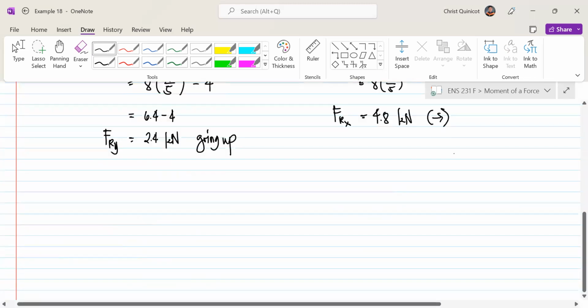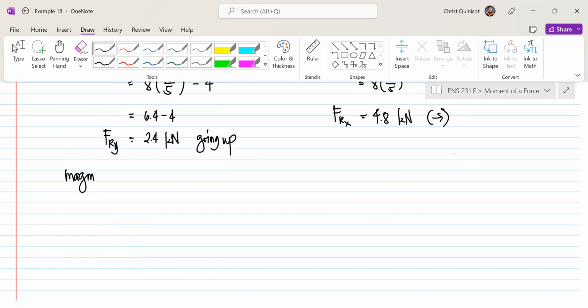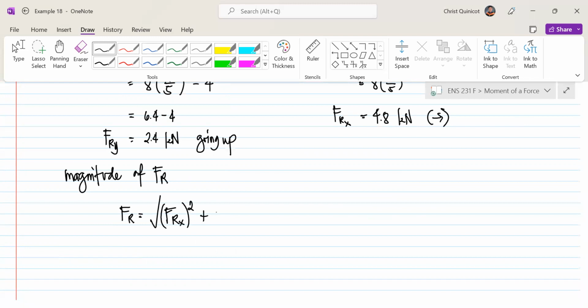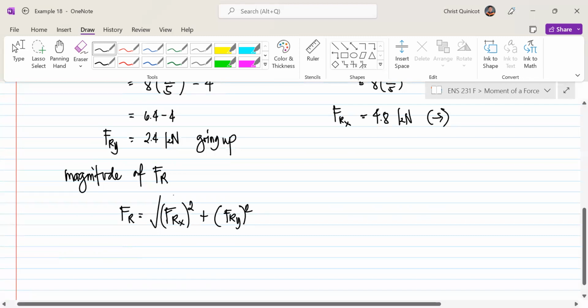So therefore our magnitude of F sub R is equal to the square root of F sub Rx squared plus F sub Ry squared.